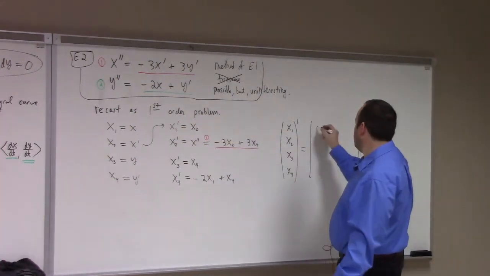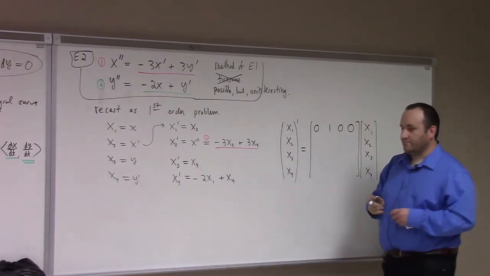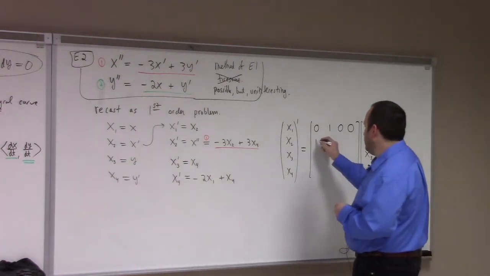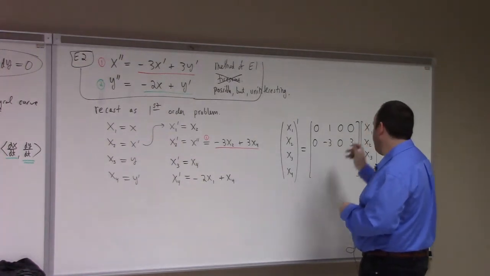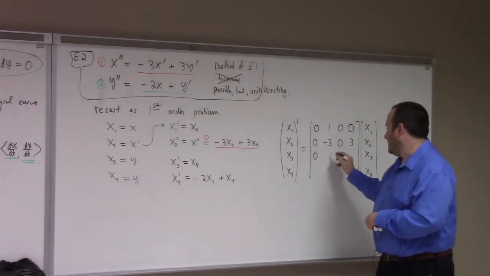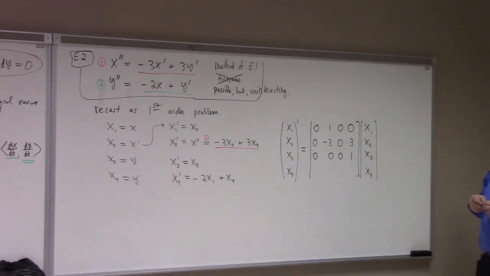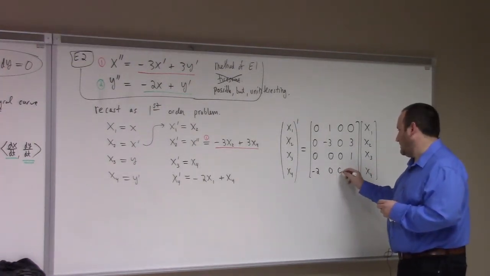I get 0, 1, 0, 0. That's my x1 prime equation. The next one, I have 0, 0 minus 3, 0, 3, okay. The next one, x prime, so that's 0, 0, 0, 1. And then finally, minus 2, 0, 0, 1.